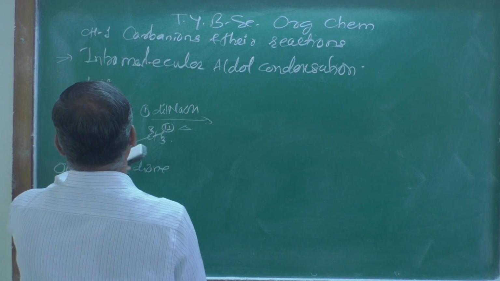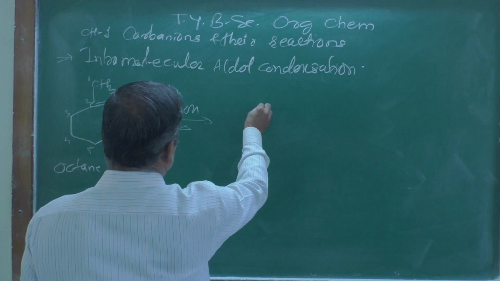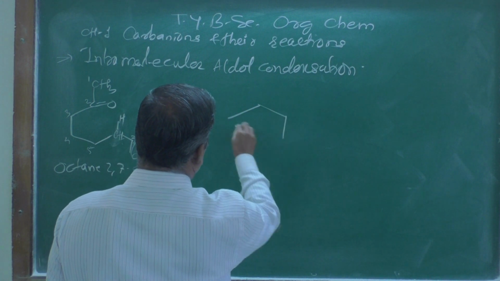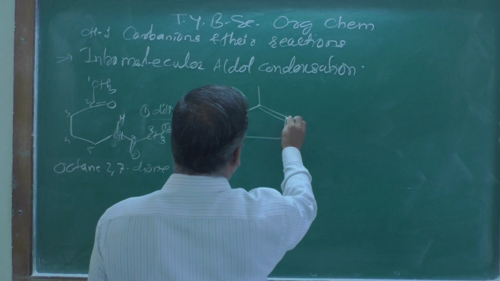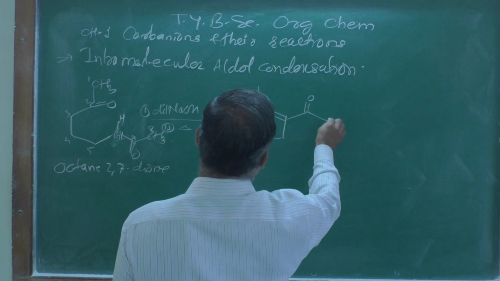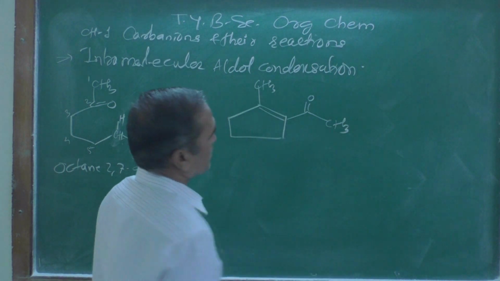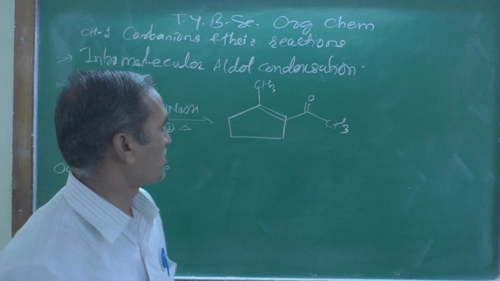1, 2, 3, 4, 5, there are 5 membered rings, so you are going to get the product like this. The 5 membered ring, with this CH3 and this CH3. This type of product is an alpha beta unsaturated compound.